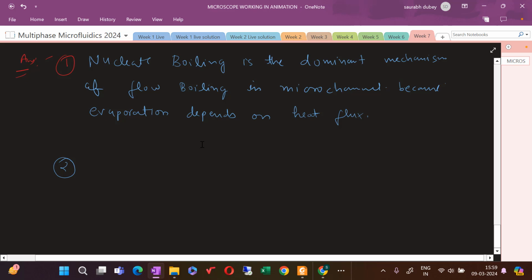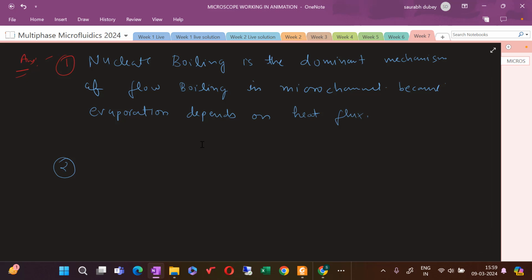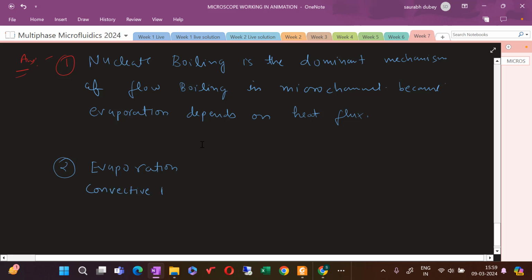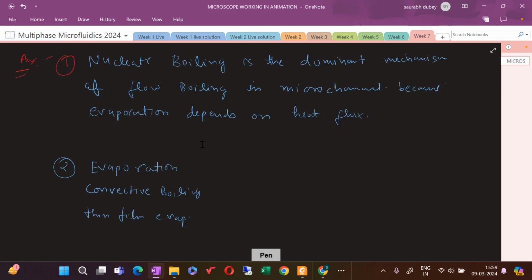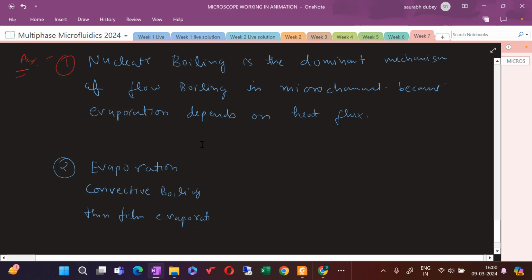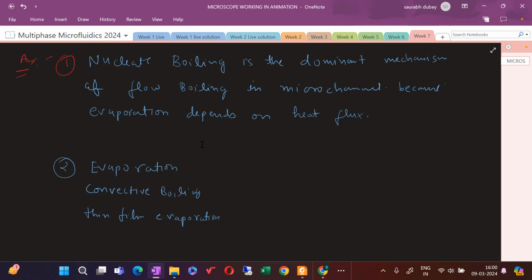Second is evaporation, evaporation or convective boiling, or thin film evaporation, which occurs in the slug flow.